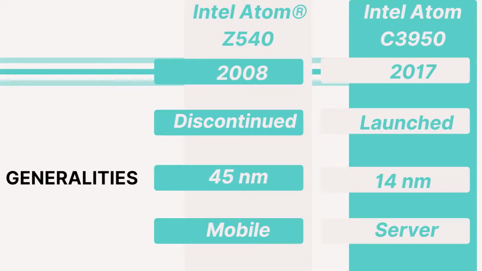The C540 is discontinued and the C3950 is launched. The lithography of the C540 is 45 nanometers and that of the C3950 is 14 nanometers. The vertical segment to which they belong is mobile for the C540 and server for the C3950.